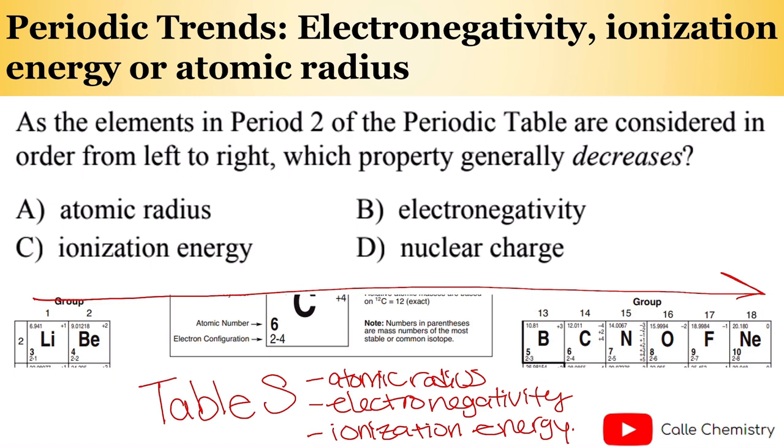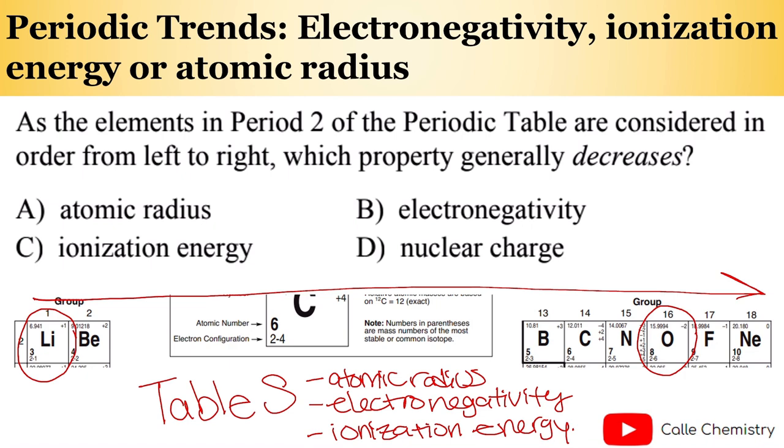What you're going to do to approach this question is pick one element from the left side, let's say lithium, and pick an element on the right side, let's say oxygen. The reason you're picking two elements is because you want to zoom in on just two numbers.